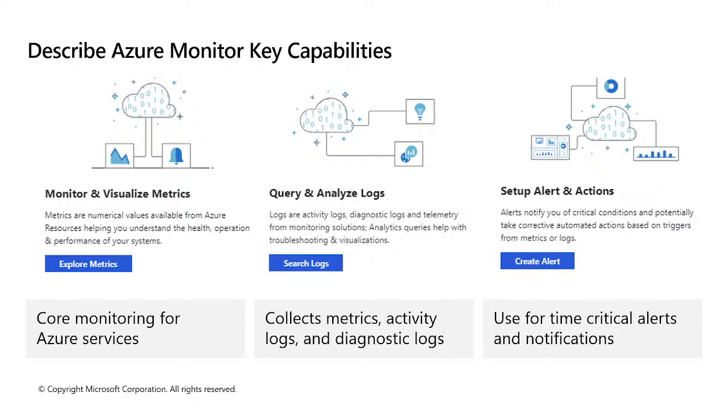Or what are we looking at? So these are the key capabilities, key components. We have the monitor, the metrics, the logs, and the alerts. For metrics, we monitor many metrics and visualize them, but for logs, we query logs.